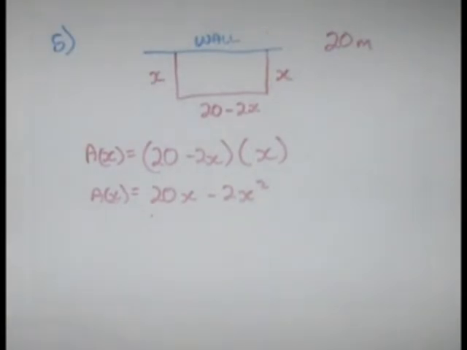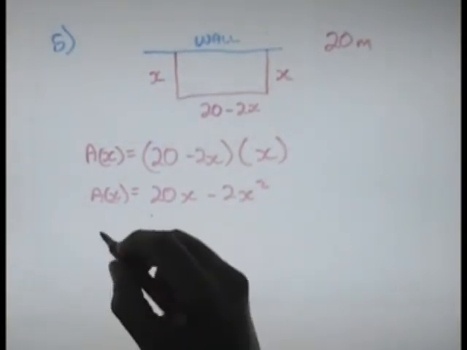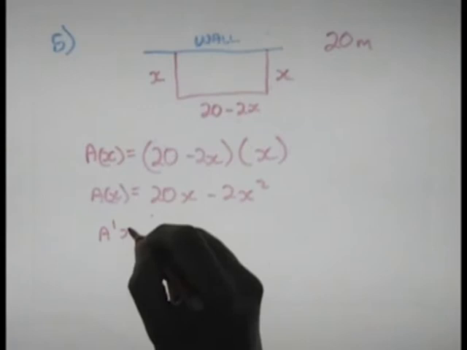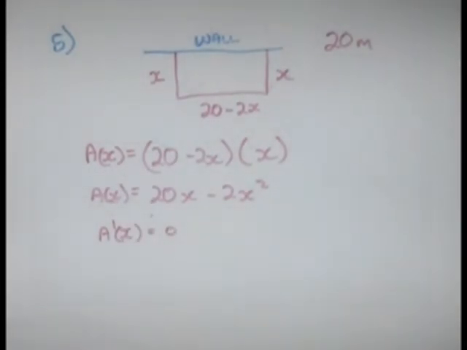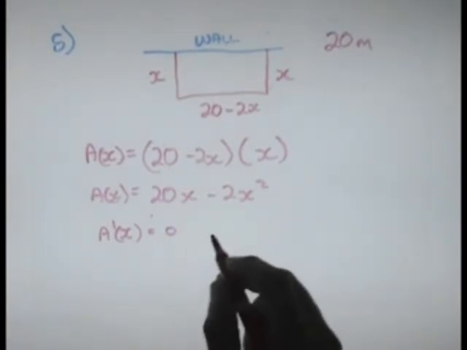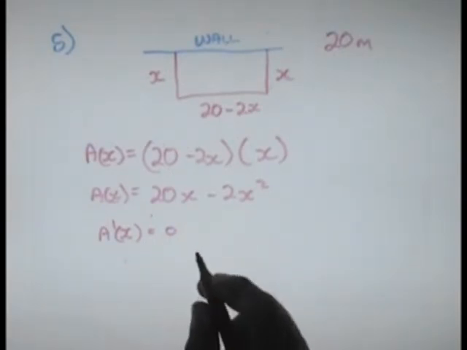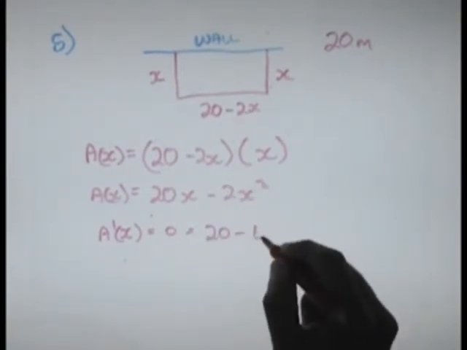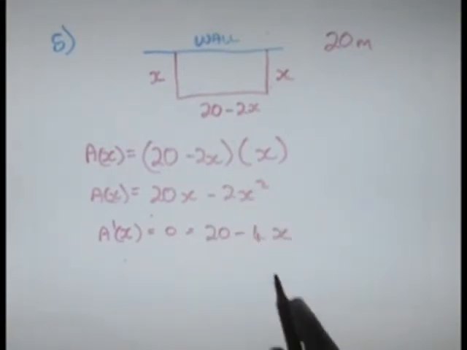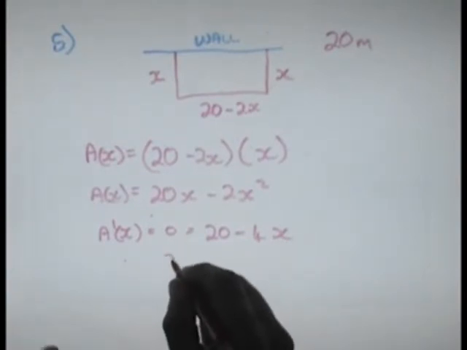Maximum area is what I'm looking for, which means that I am looking for my x value when my derivative is equal to 0. My derivative in this case will equal 20 minus 2 times 2 is 4x, and that has to equal 0. Let me just write that over.